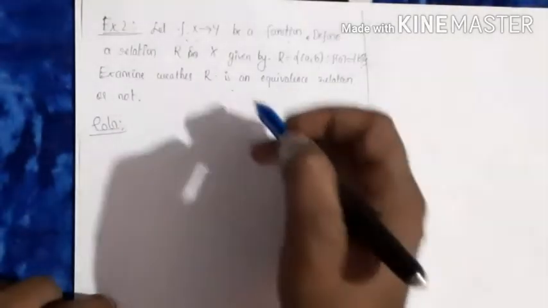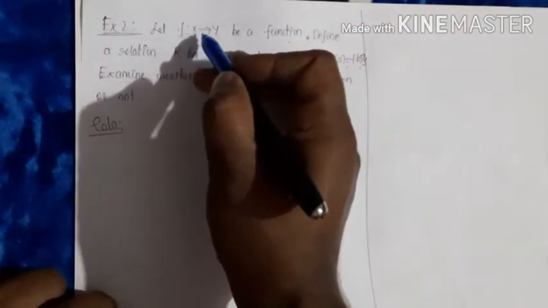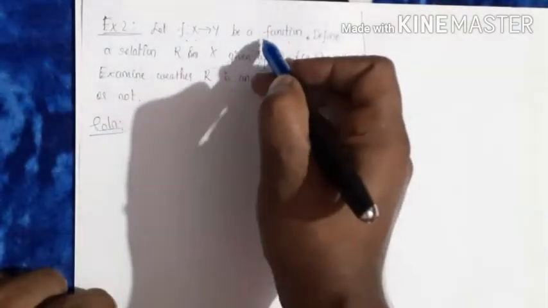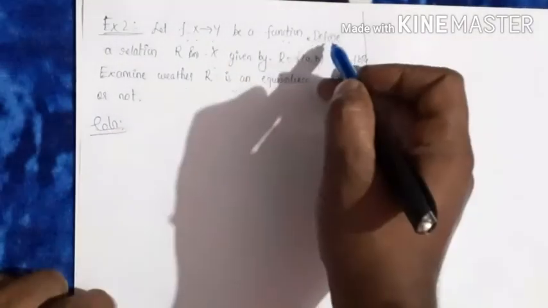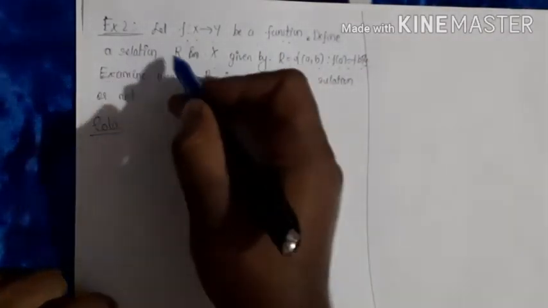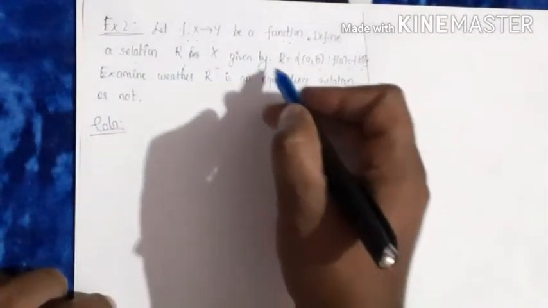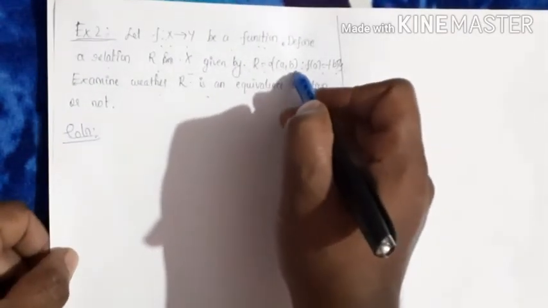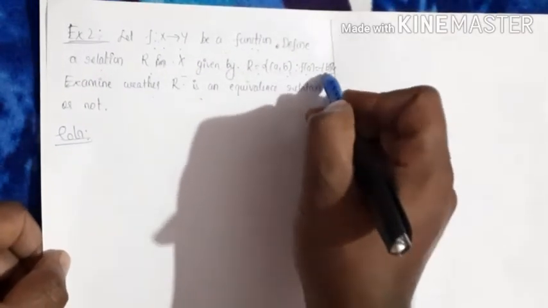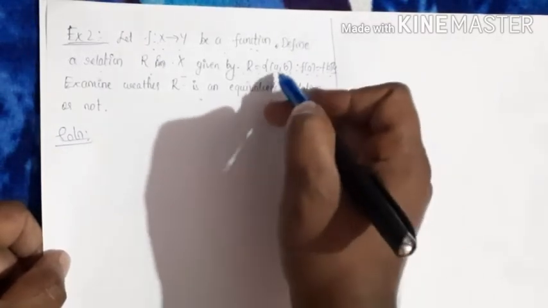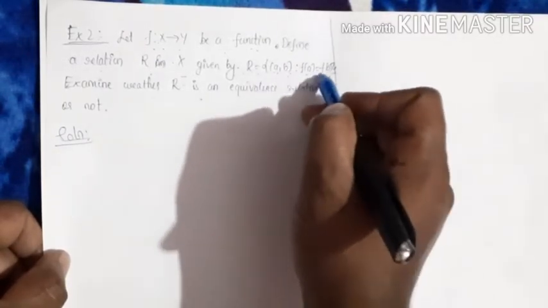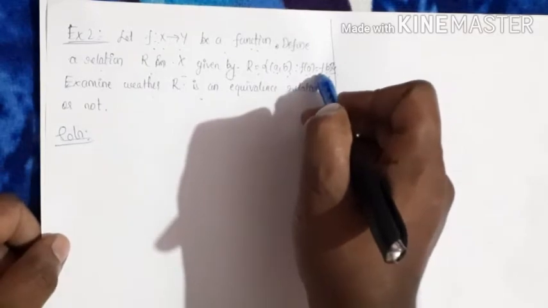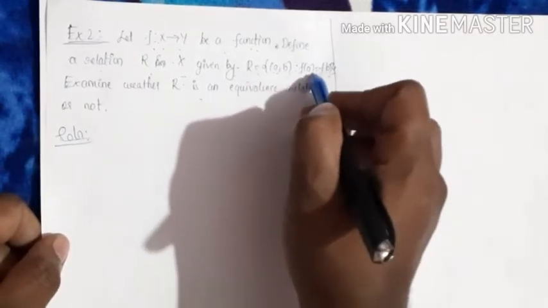Here f is defined from X to Y. It is a function. Here they have defined the relation in X. It is given by R equal to ordered pair (a, b) such that f(a) equal to f(b). That means the image of a and the image of b are equal.